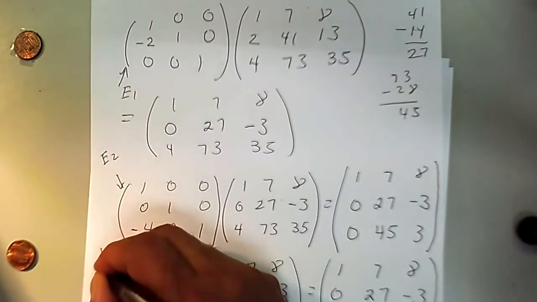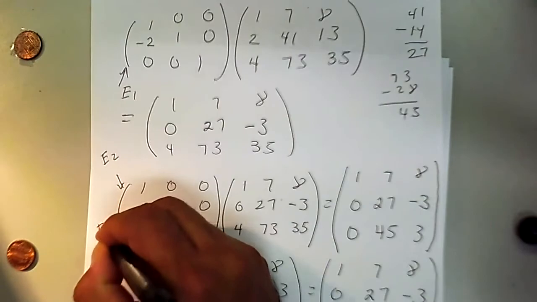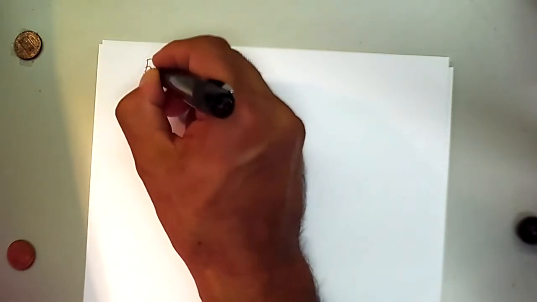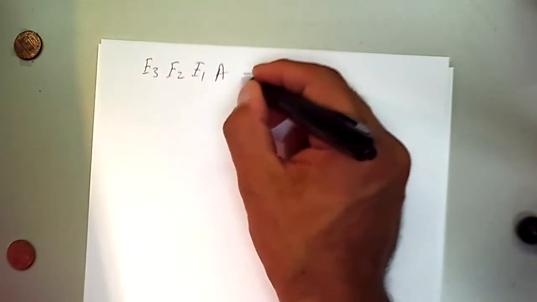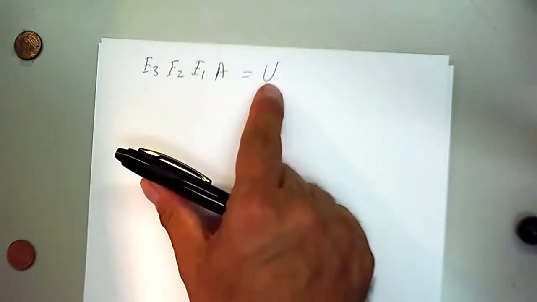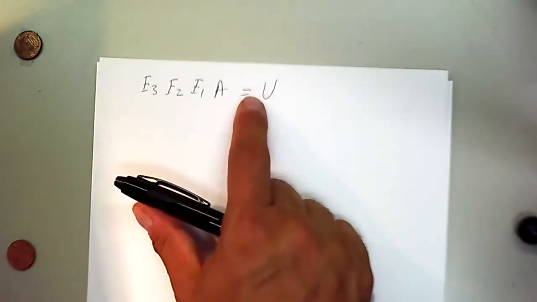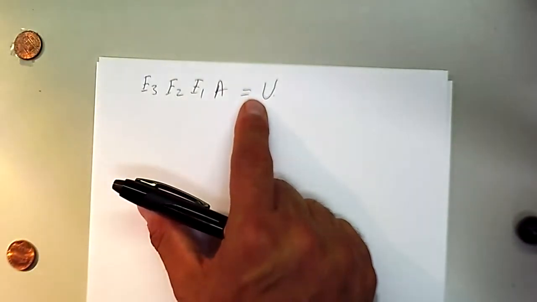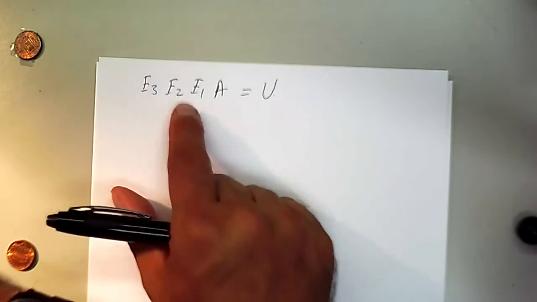We're going to label this one as elimination matrix number 3. So we multiplied with E1, E2, and E3, and we did obtain U. But we don't want just U, we want the L, and the thing is the L is not showing up here.